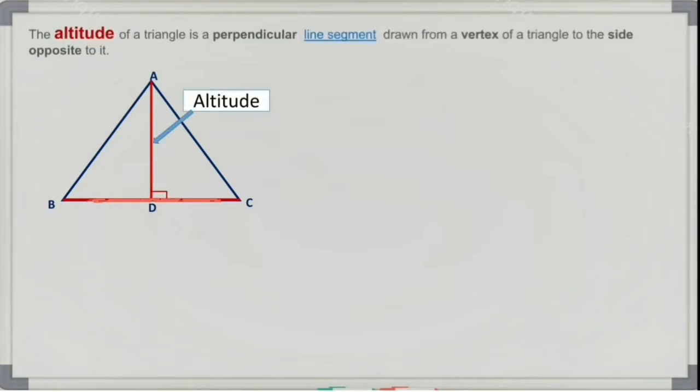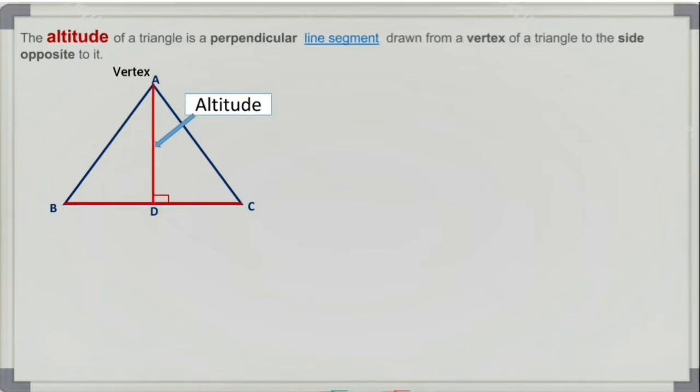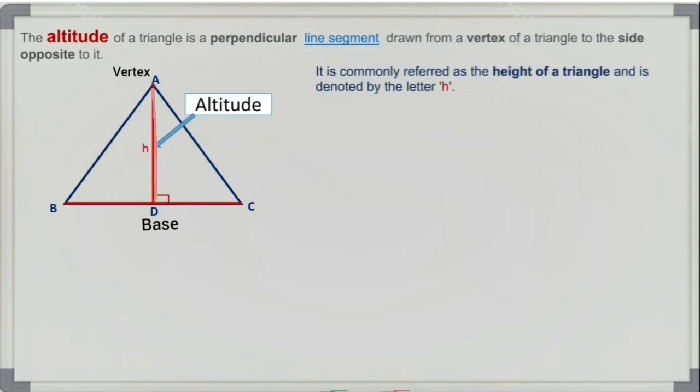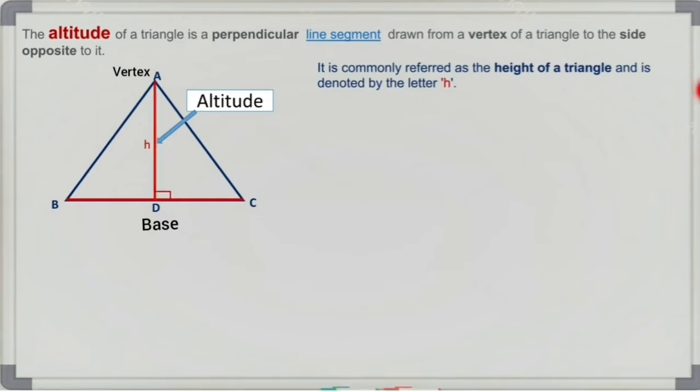By this on-screen figure, we have understood the altitude of a triangle is a perpendicular line segment drawn from a vertex of a triangle to the side opposite to it. Line segment AD is one of the altitudes of this triangle. It is commonly referred to as the height of a triangle and it's denoted by the letter H.